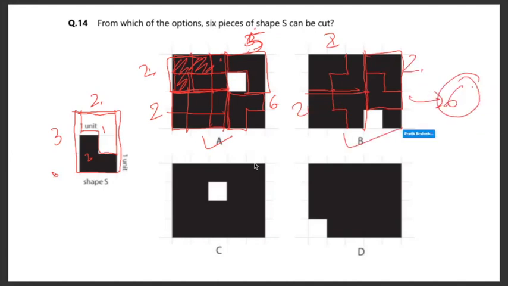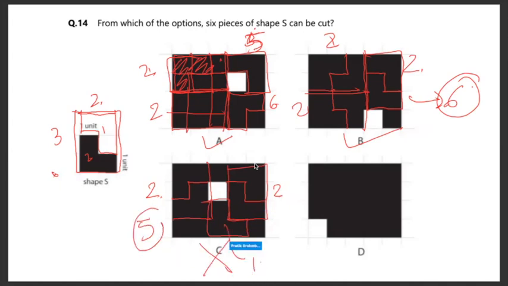B is correct. Then we'll move to C. In C, it's not possible actually. C में ये आपका ऐसे, so यहाँ पे 2 पीस आएंगे, यहाँ पे भी आपके 2 पीस आ जाएंगे. Then we may be able to accommodate one more piece here, but that makes it 5 pieces. So C is not possible.